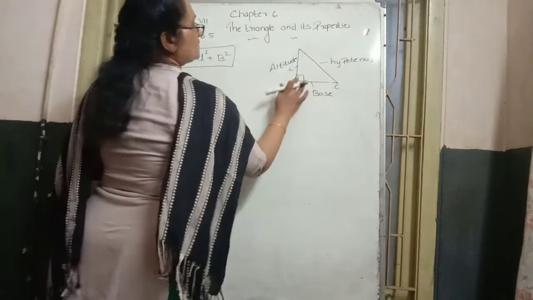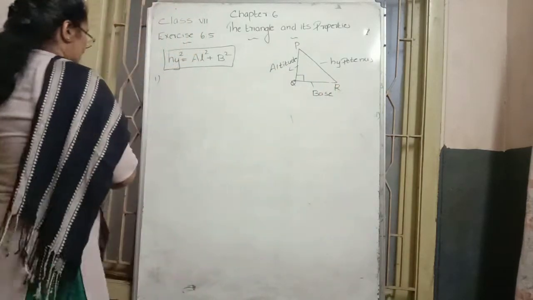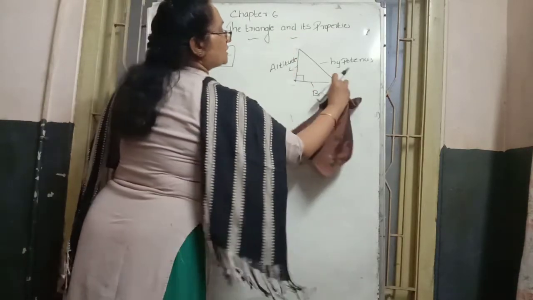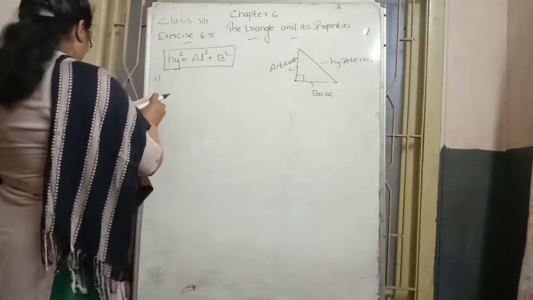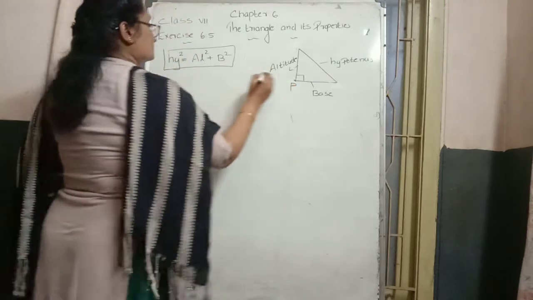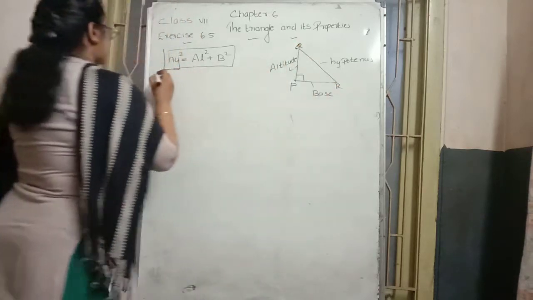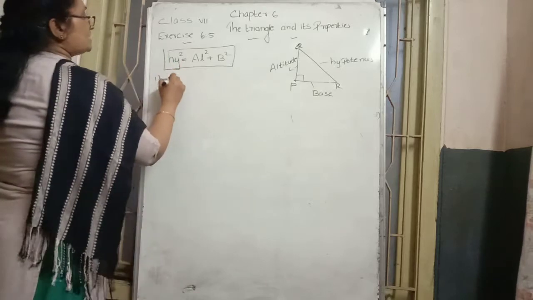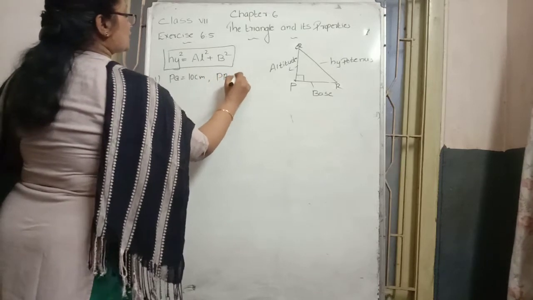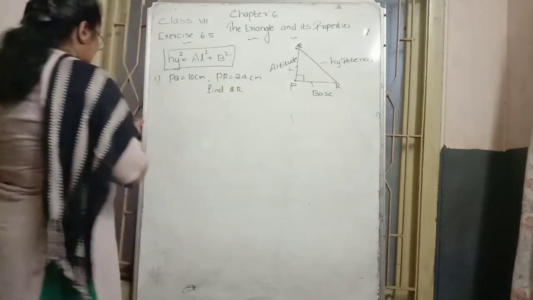Instead of ABC, we can mark it as PQR. The triangle is named PQR with a right angle at P. That means 90 degrees, mark it at vertex P, and then Q and R. In this way they gave it. Then the values are given: the PQ side is equal to 10 centimeters and the PR side is equal to 24 centimeters. Find the QR side value. That is the meaning of the question.